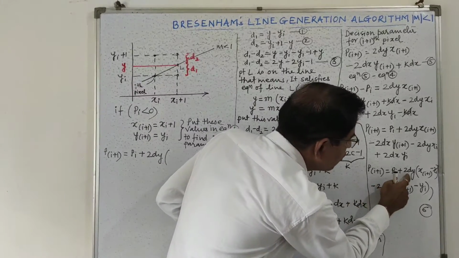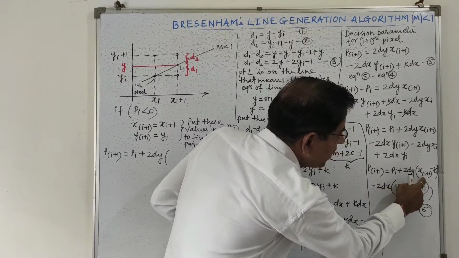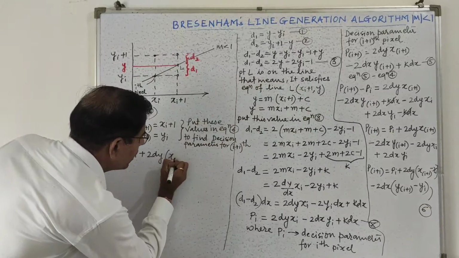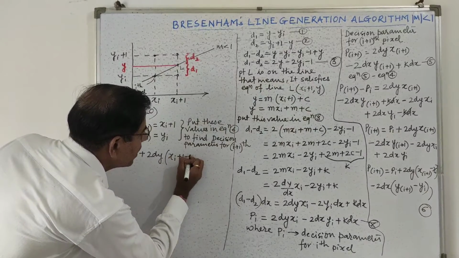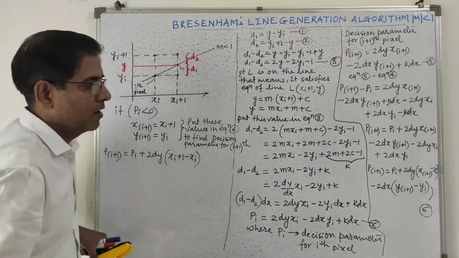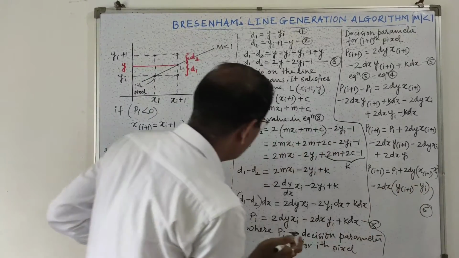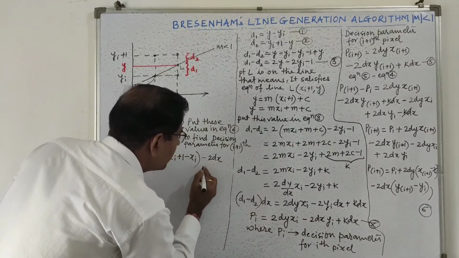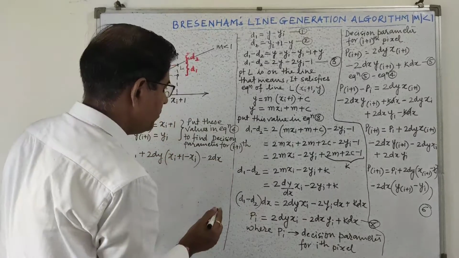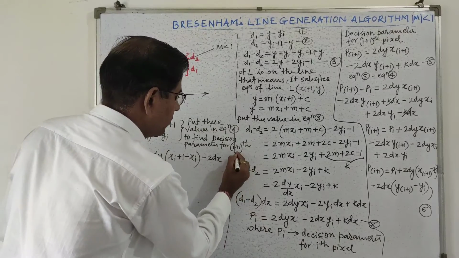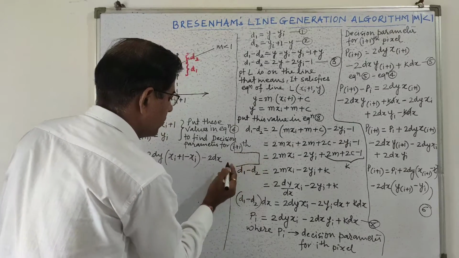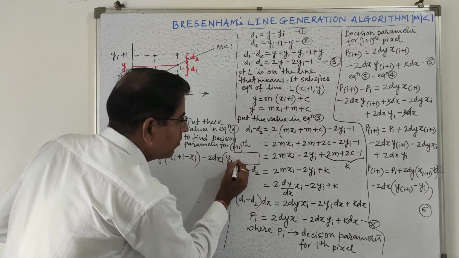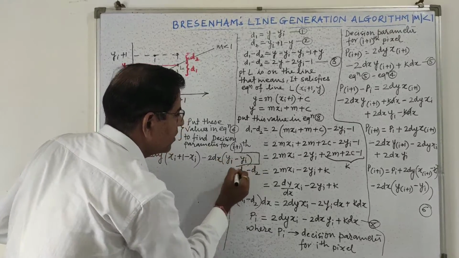So pi plus 2 dy. Now in place of xi plus 1, put xi plus 1 minus xi, then minus 2 dx in bracket yi minus yi.